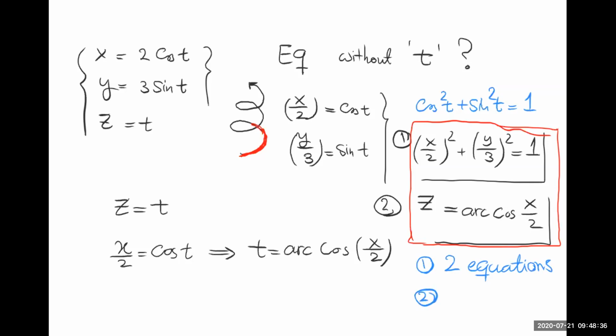And the second thing is that this defines this helix only locally. Remember, arc cosine makes sense for the angles between 0 and pi. So from 0 up to pi, it makes sense. After that, it really doesn't make sense. We should write down two other equations for this part, from pi to 2 pi.